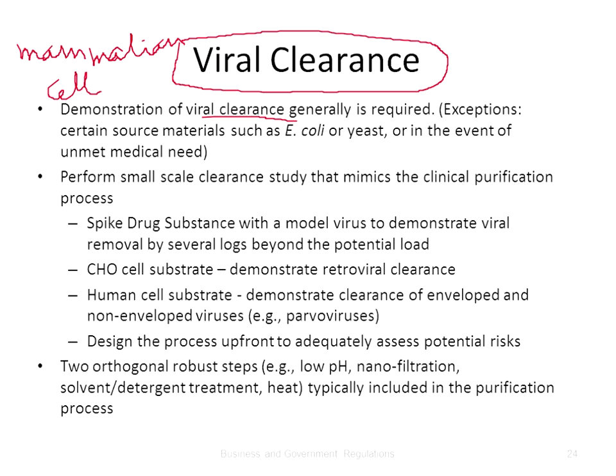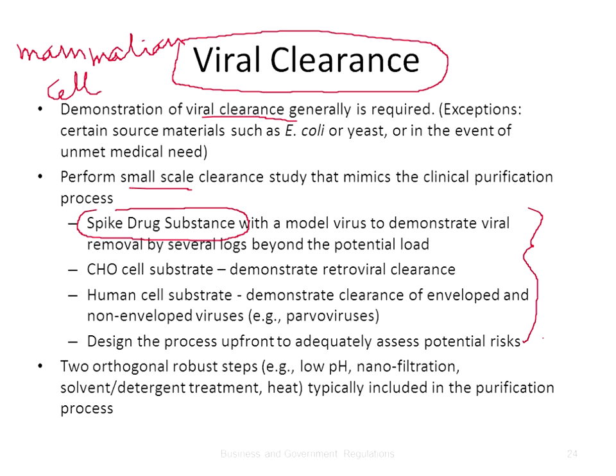So the way we do that is we do a small scale clearance study. And so you basically actually spike the drug substance with a model virus. Okay, so you take a particular virus, you actually put a lot of that in your product, go through your purification process, and at the end of the process, you have to show that there is no virus in your final product.